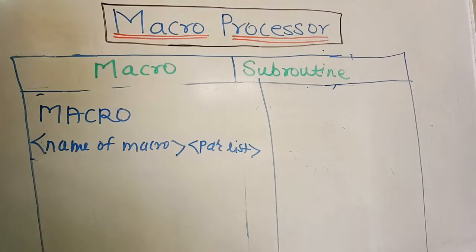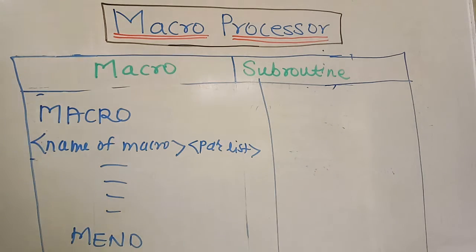Then you write some programming statements and write the keyword again. Like in C programming, you start with hash include and end with the closing curly bracket, same like that you write macro as the starting keyword and macro end as the ending keyword.